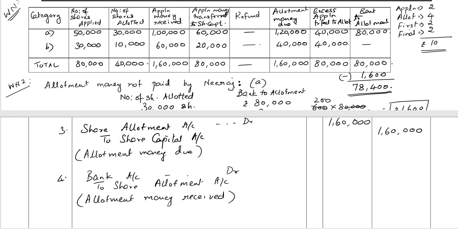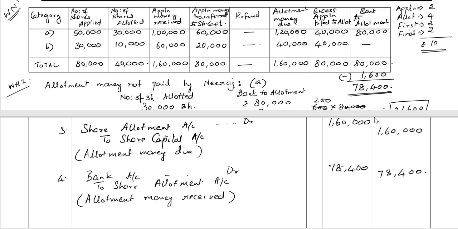The allotment money received amount is the answer of the bank to allotment column, the last and final column, the ninth column. But we need to write it after subtracting the amount of 1,600 which was not paid by shareholder Neeraj. So we've actually received 78,400 rupees because Neeraj did not pay 1,600 amount on allotment.